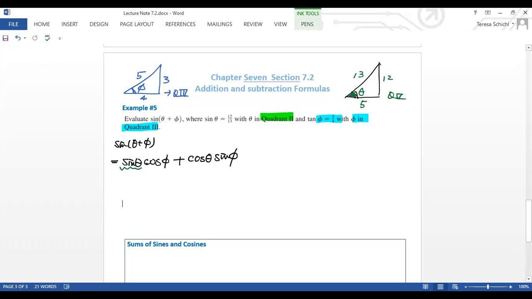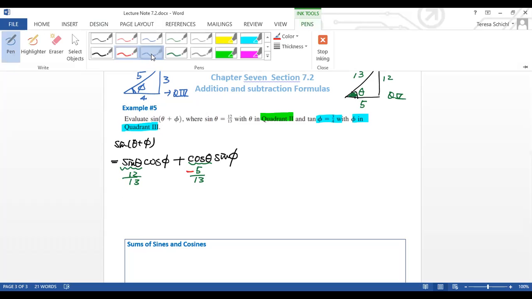The sine theta is already given, so this is 12 over 13. Now I'm looking for the cosine theta. Cosine is adjacent over the hypotenuse, so it's 5 over 13 here. But this is the second quadrant, so cosine is negative in the second quadrant. I need to make sure I have a negative sign here.